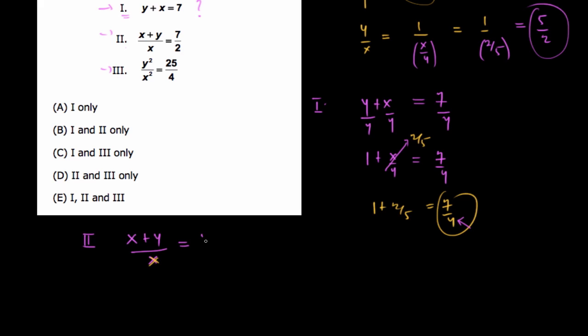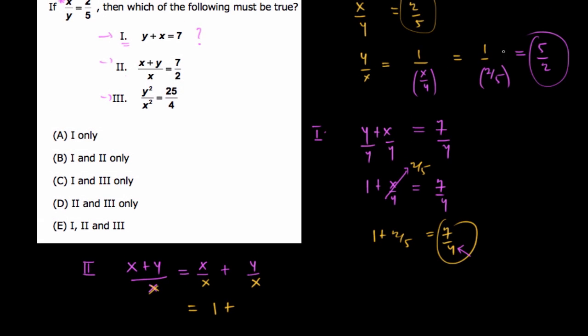So this is just going to give you x divided by x plus y divided by x. So x divided by x is 1, plus y divided by x. From here we obtained y/x to be 5/2. So now you know why I found y over x. That was because I wanted to use it here.